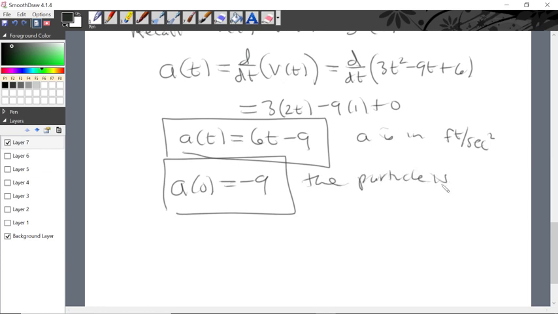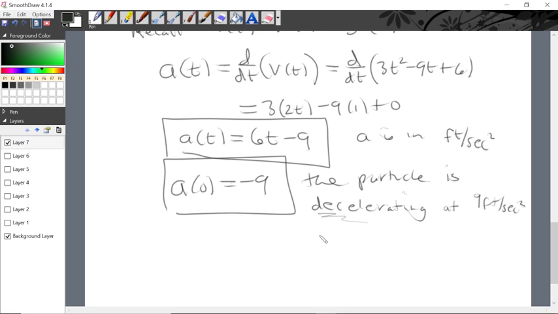The particle is doing what at time t equals 0? It is decelerating, at a rate of, let's see, 9 feet per second squared. Notice I have absorbed the negative into the word decelerating here.